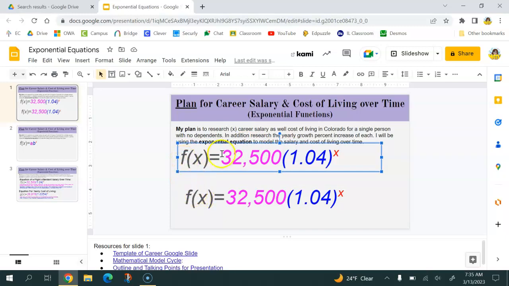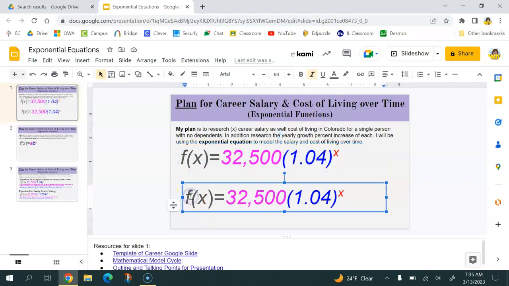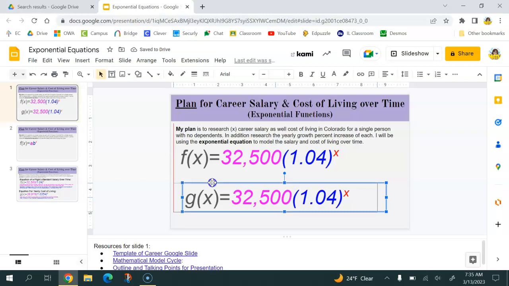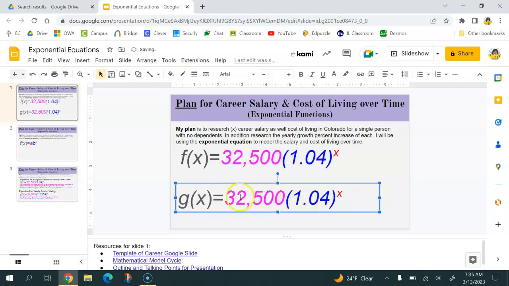If our first function was f of x, our next function is going to be g of x, because they're going to be two different equations, one for salary, one for cost of living. Same thing here: in the pink, you're going to put in the cost of living for living in the state of Colorado.